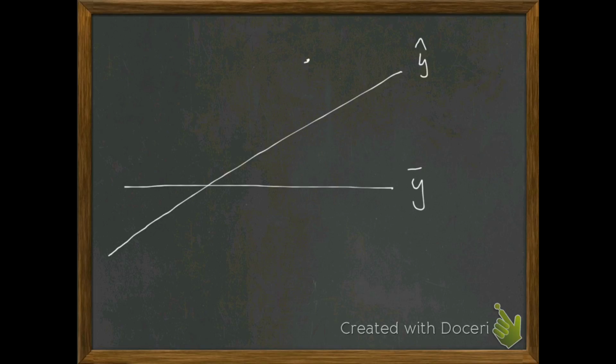and we have a particular y value, the distance from here to here is our total. That can be partitioned into two parts.